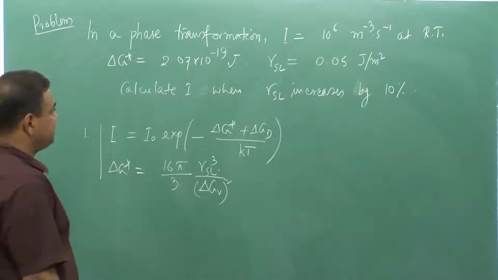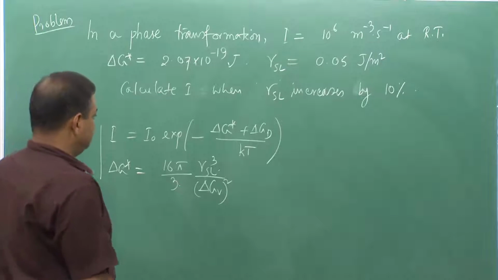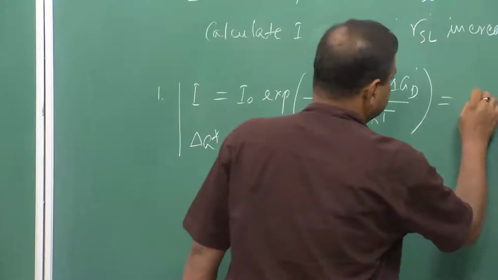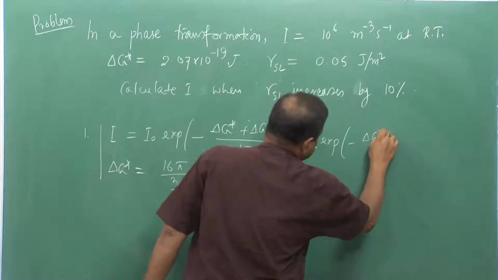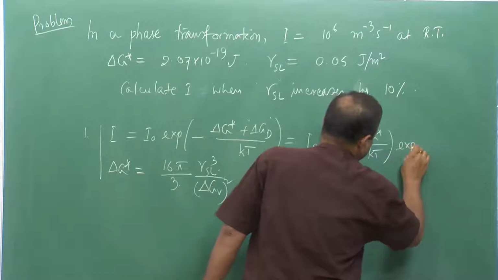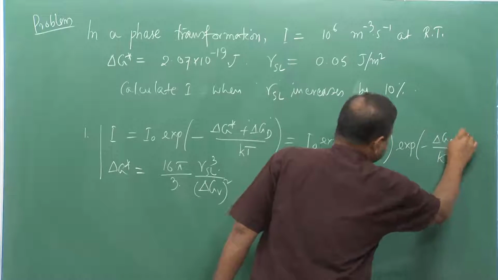Now, since this is at the same temperature, we can break this into two parts: I0 exponential minus del G star by kT, and exponential minus del G d by kT.